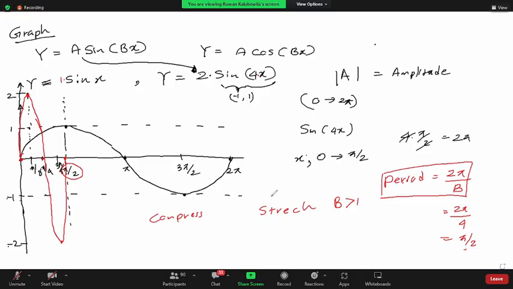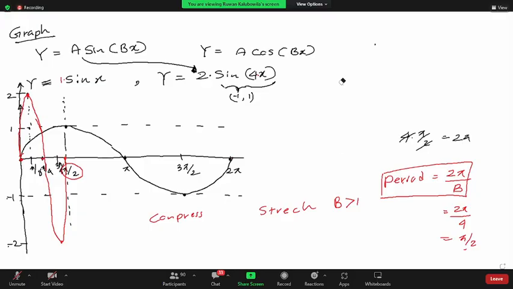Now let's talk about a different example. I will give you two inputs using this example. y equals minus 3 times cos of one half x.